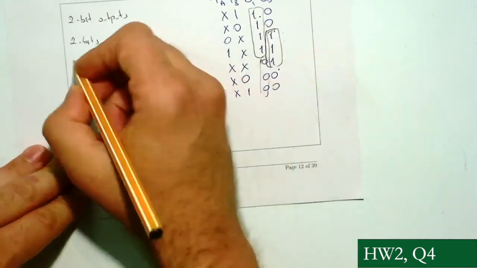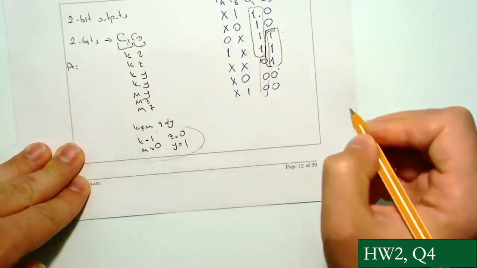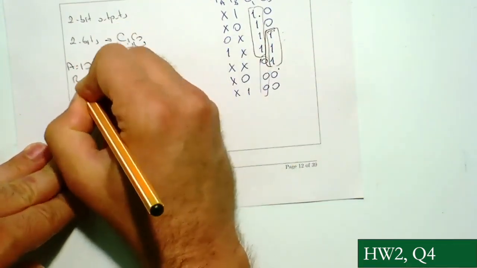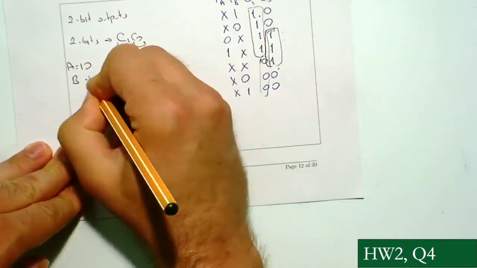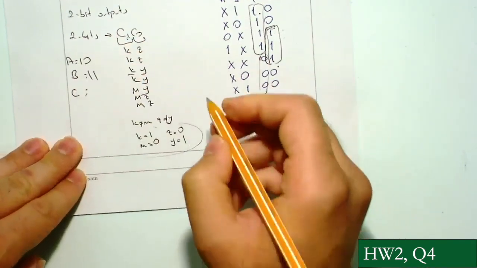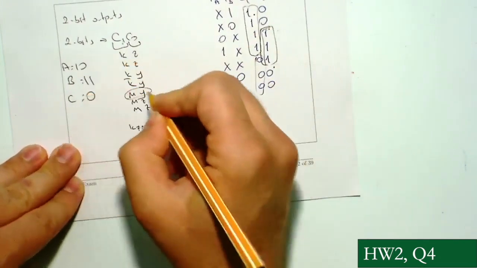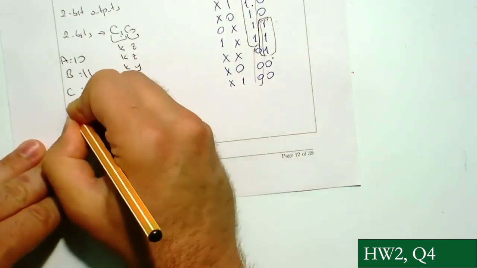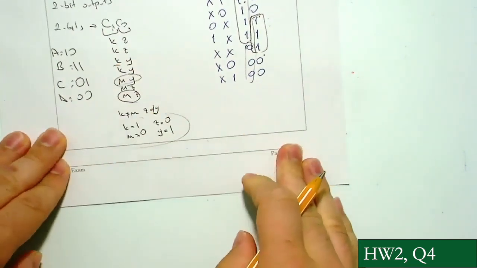All right, let's represent A as 1, 0. B means K1 and Y1. C means I have M here, 0, 1, and D, I have M, 0, 0, okay?